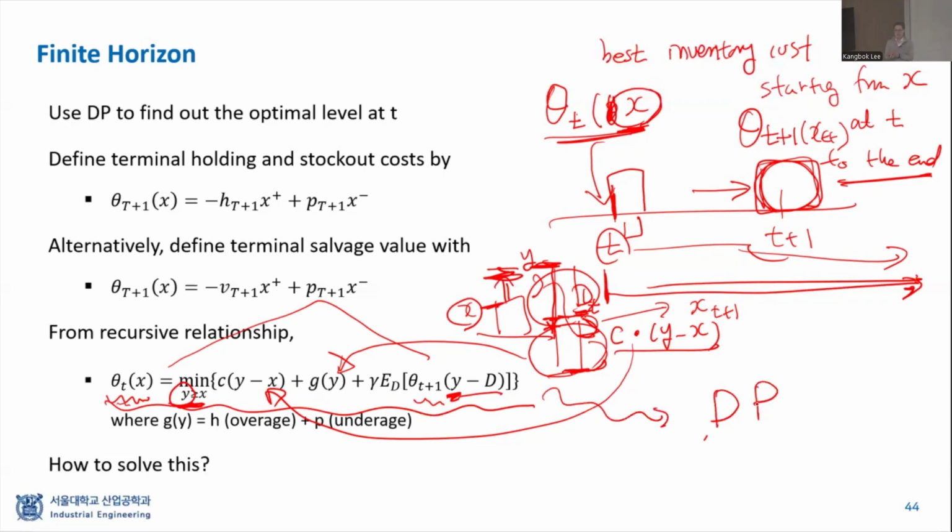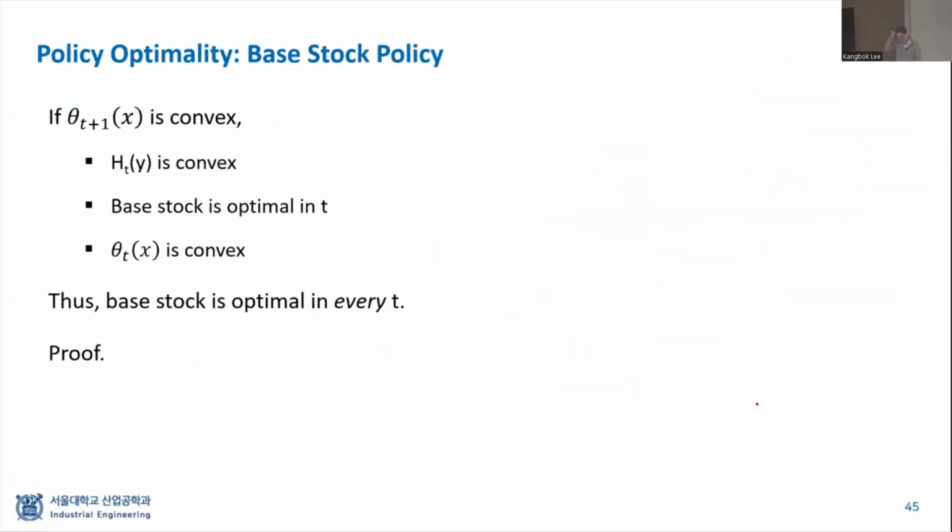In inventory problems, you should be able to solve a lot of different dynamic programs well. But for most dynamic programming problems, the solution is not known, so you will most likely fail to characterize the policy. But for this specific problem, fortunately, we know how to do that. Okay, so let's continue.